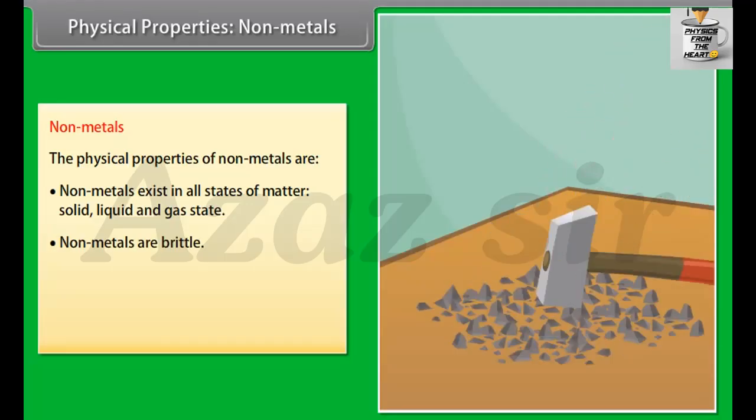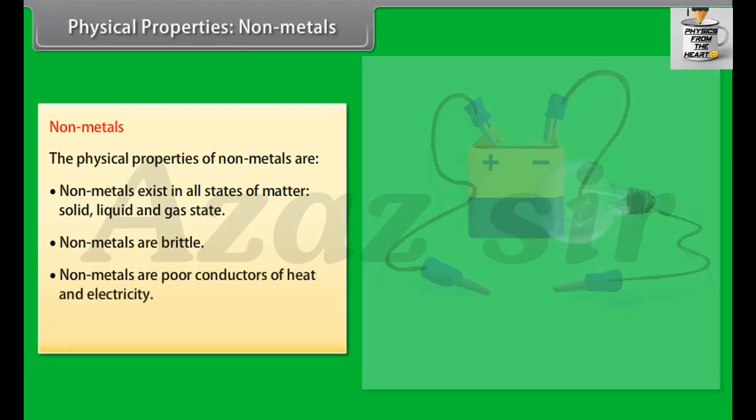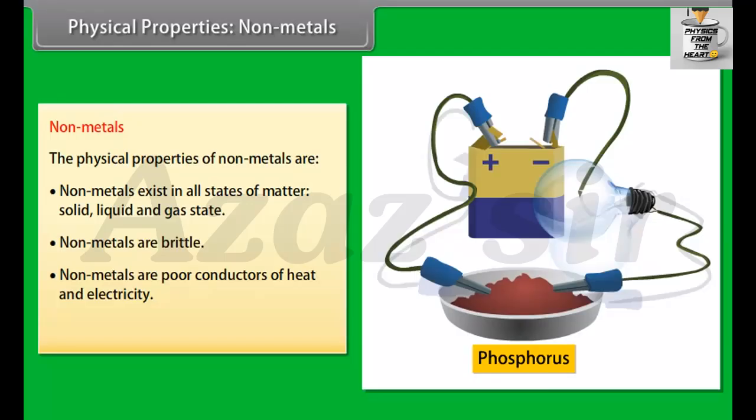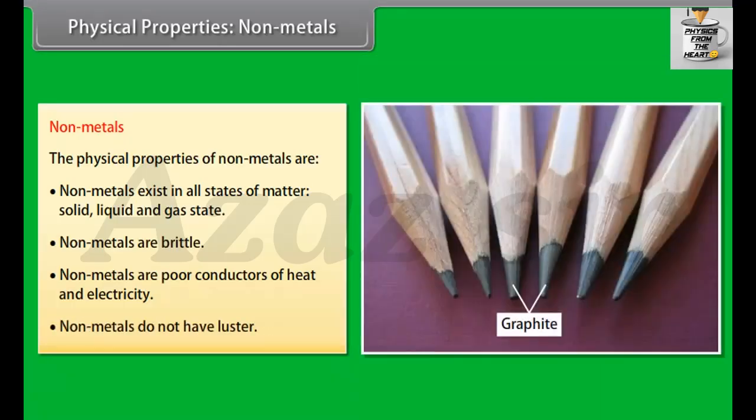Non-metals are brittle and cannot be rolled into wires or beaten into sheets. Poor conductors of heat and electricity. Non-metals are poor conductors of heat and electricity. Graphite, a form of carbon, is an exception as it is a good conductor of electricity and is used in making electrodes. Luster. Non-metals have no metallic luster and do not reflect light.